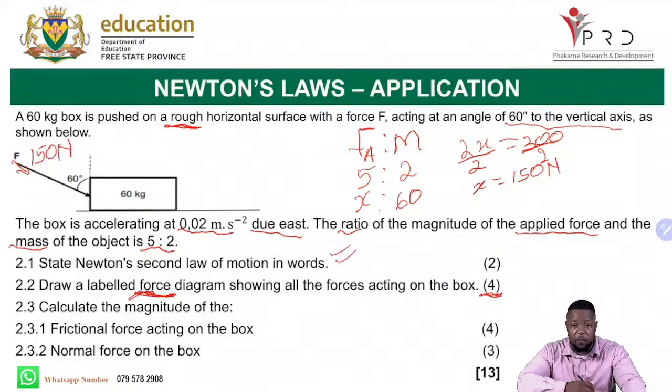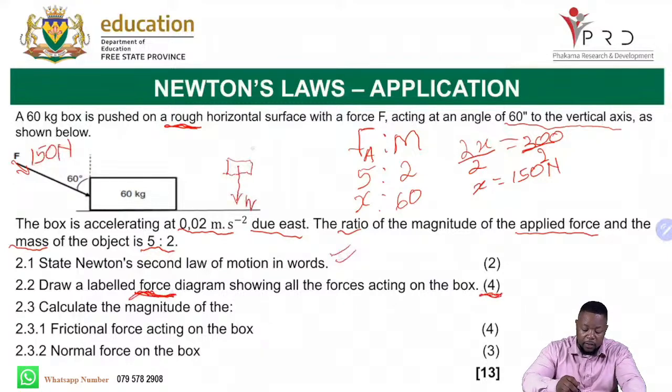The words force diagram indicate that instead of using a dot, we are going to use a box to represent the object. We can now start identifying the 4 forces which the examiner is expecting, starting with the first force, the weight. The weight starts from the center of the box, indicating that it is exerted by the earth.